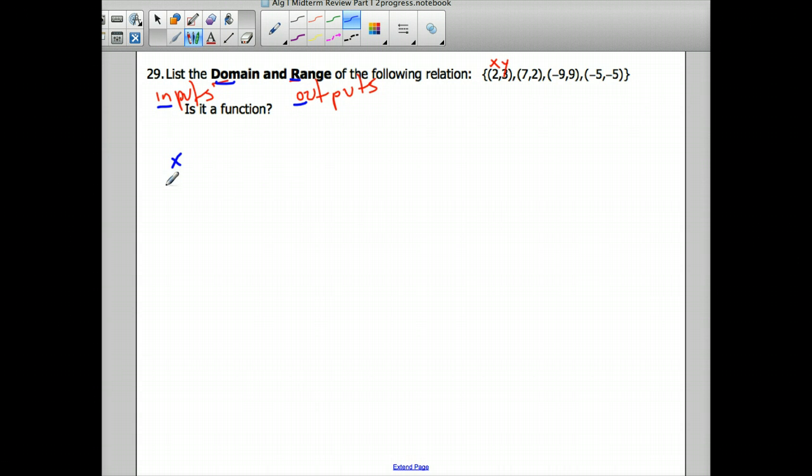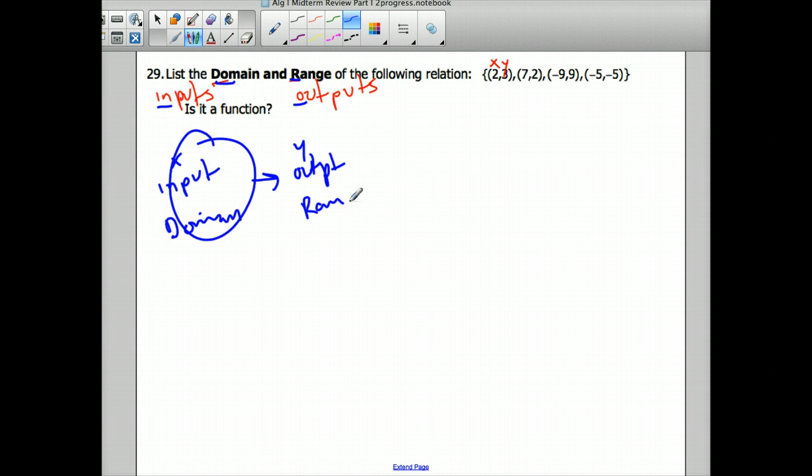So the x's, the inputs, the domain are all the same thing. And those get mapped to the y's, right, x to y, or the output, or the range. Those are all synonymous. Those are the same types of things.